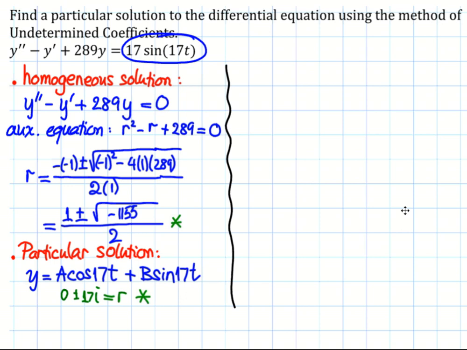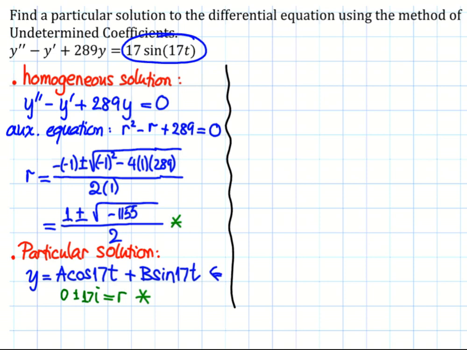But we don't have to, because those are not the same, which is good. So the rest is easy. We have the function. All we do is take the derivatives. Once we have the derivatives, we can put it back into the original equation.